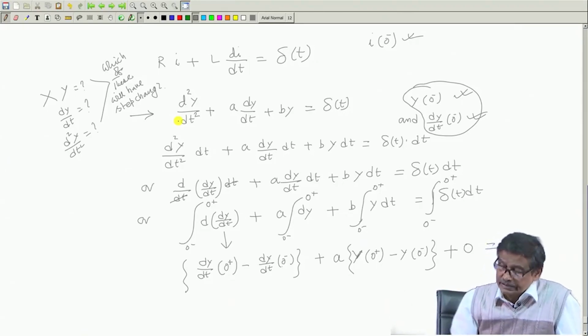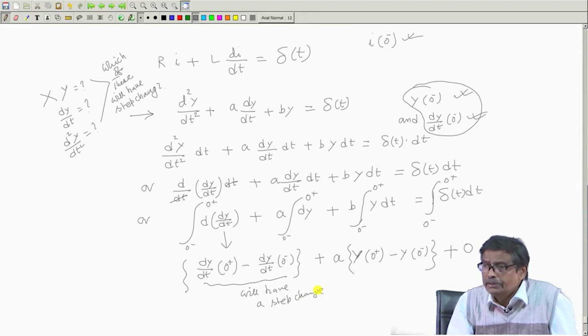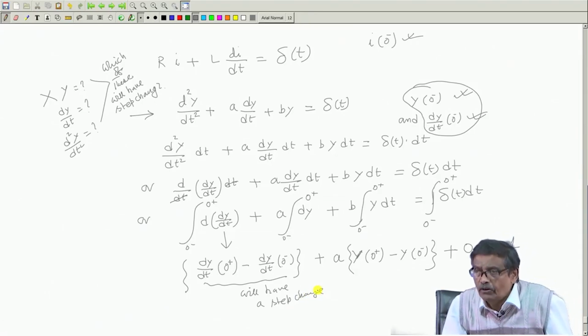So, dy dt 0 plus and dy dt 0 minus, this term will have a step change. This term will not have a step change, meaning it will be continuous.